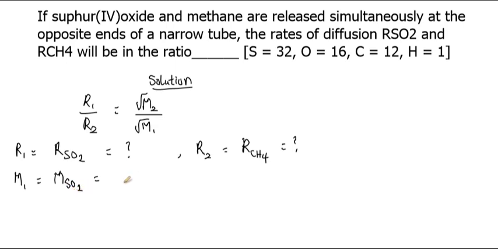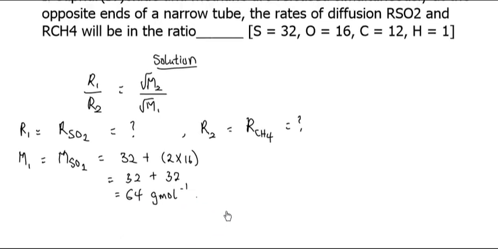The atomic mass of sulfur is 32, so we have 32 plus oxygen, which is 16, and we have 2 atoms of oxygen present, so 2 times 16. This gives us 32 plus 32, which is equal to 64 in the unit grams per mole.